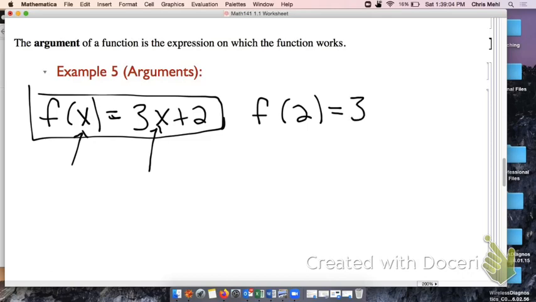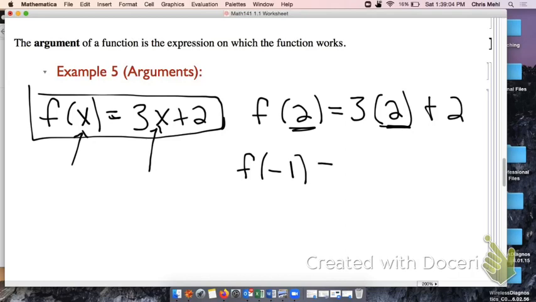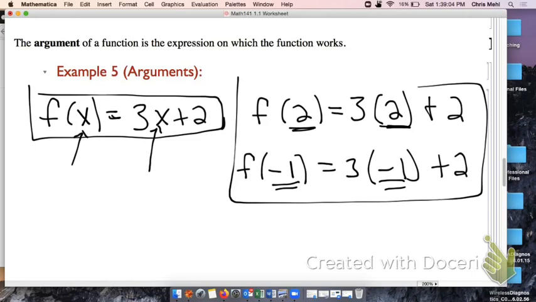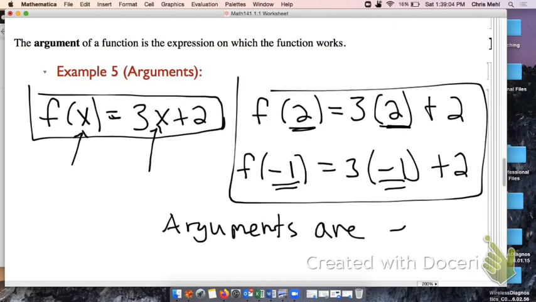For instance, if I want to do f of 2, I would do 3 times the input 2 and add 2. So notice the input showed up on both the left and the right. If I want to do f of minus 1, that would be 3 times minus 1 plus 2. Again, notice the input on the left and the right. Now in these first two examples, the arguments are really just the inputs 2 and minus 1.